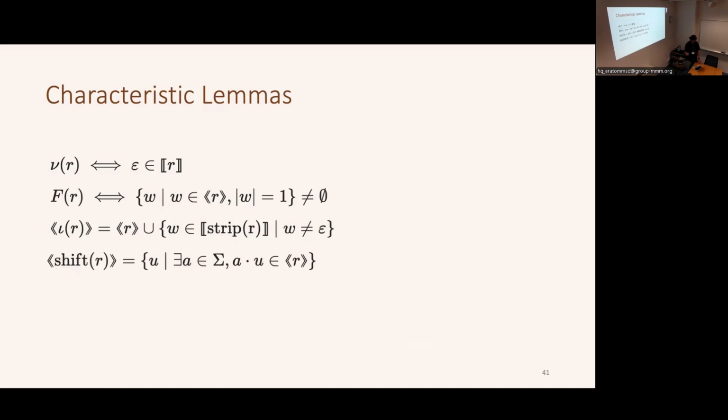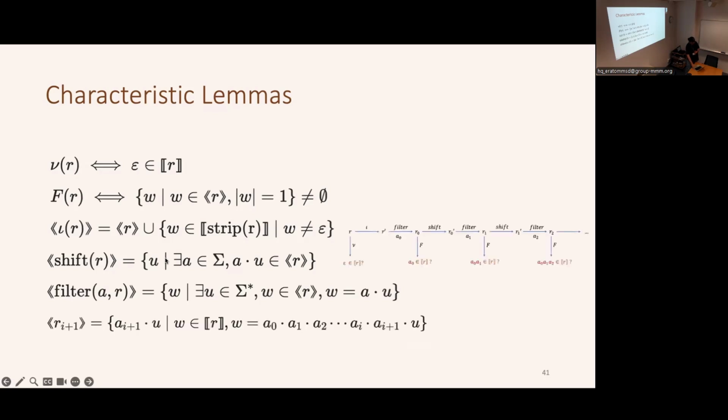And shift is like computing a derivative, except that it computes this derivative on this diagonal semantic bracket. And filter simply removes all the words in semantic bracket R which do not start with A.